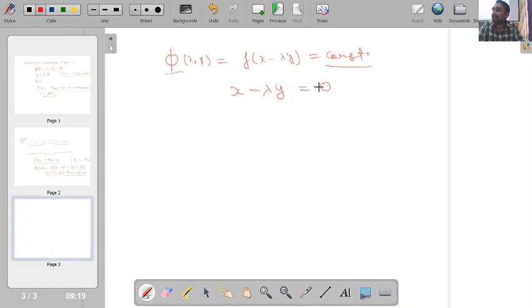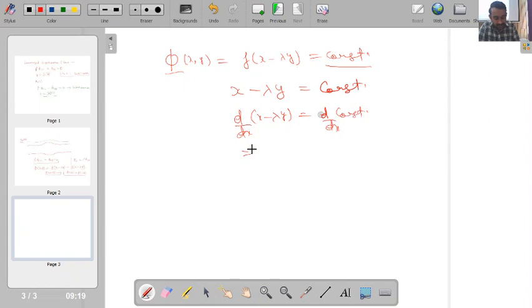And from here if I do d by dx of this equation, so that will become d by dx of x minus lambda y equal to, sorry, not 0, this has to be constant. So this will be d by dx of constant.